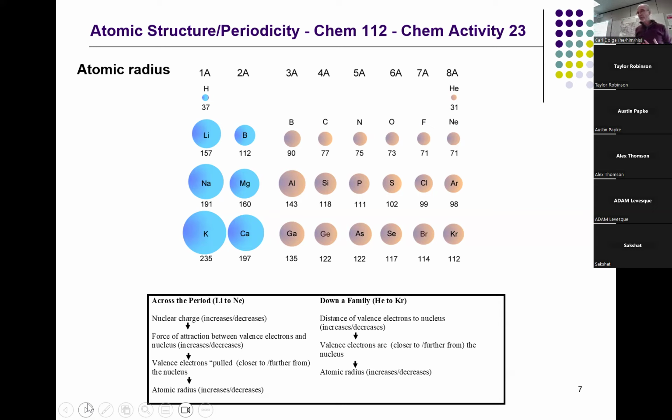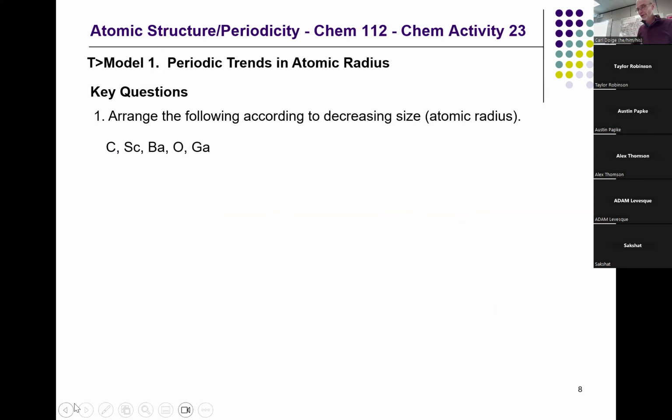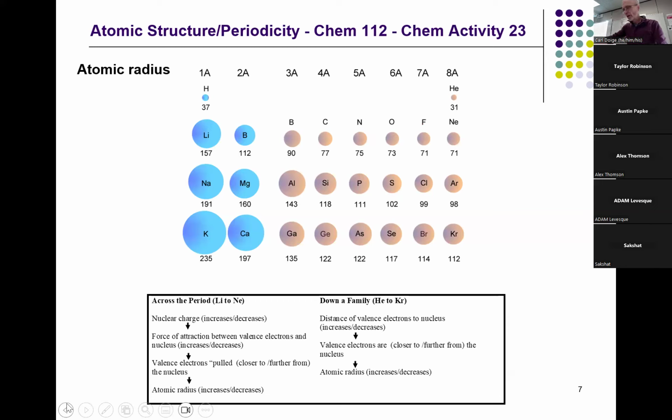Now, in terms of the explanation, you did some practice in the tutorial, and as you're preparing to give explanations, like for term tests, like if I asked, what's the trend across the periodic table, or compare these and explain why the radius is such, well, this is meant to help scaffold an argument. So when we're talking about across the periodic table, we should always start with the nuclear charge. The nuclear charge increases across the periodic table.